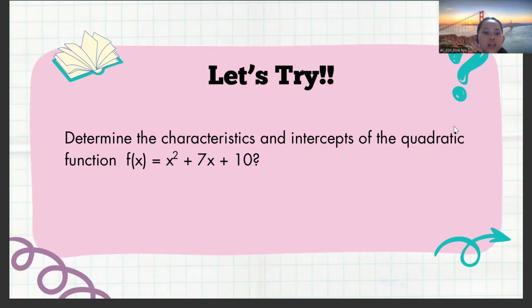Next is example problem. Let's try an example. We are given the quadratic function f(x) equals x squared plus 7x plus 10. Our task is to determine the characteristics of the graph and its intercept. To solve this problem, we identify the value of a, b, and c.